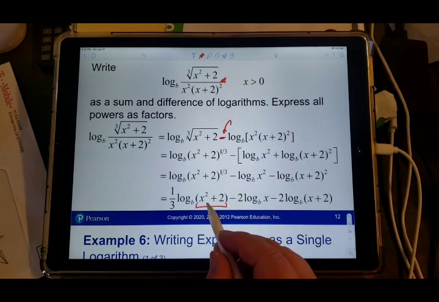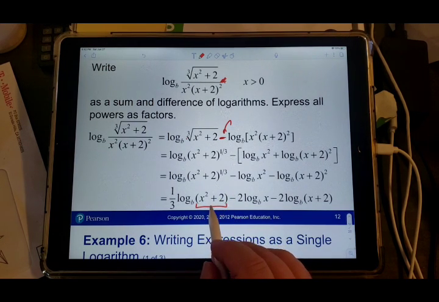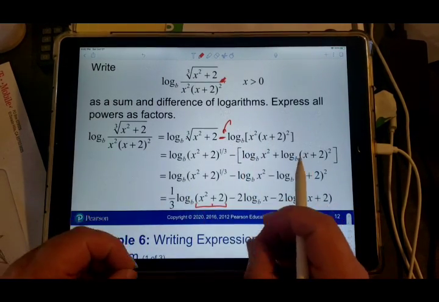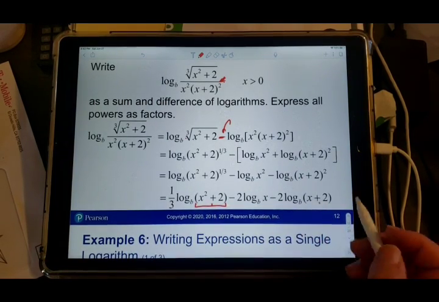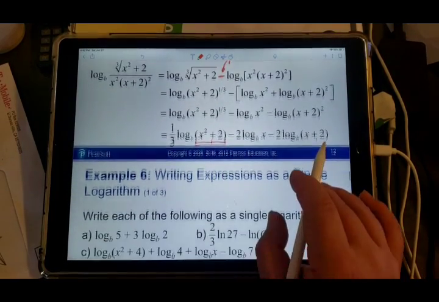I certainly can't write it as x squared plus log 2. In other words, there's nothing I can do with a plus. If it had been multiplication, I could separate into 2 separate logarithms. But plus, that's going to stay there. So we're done once we've applied all of our rules.